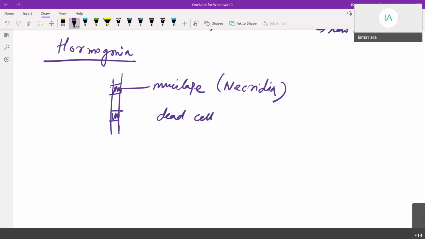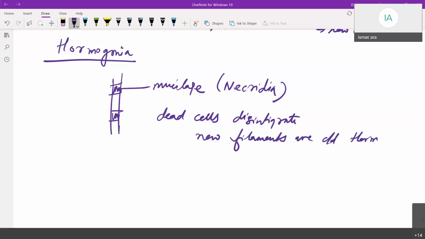Dead cells will disintegrate, and new filaments are formed. These new filaments are called hormogonia.